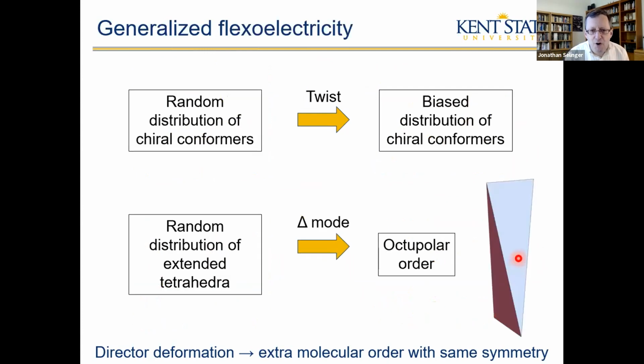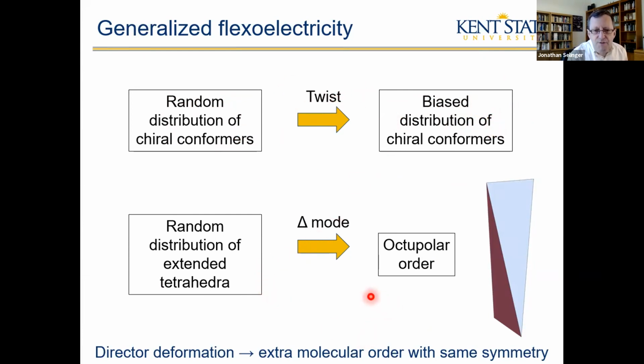For the other two modes, the twist and the delta mode, we can generalize the concept of flexoelectricity. If we start with some random distribution of chiral conformers and apply a twist, we could get a biased distribution, more right-handed than left-handed, for example. That makes a pseudoscalar order in the material, same symmetry as the twist.